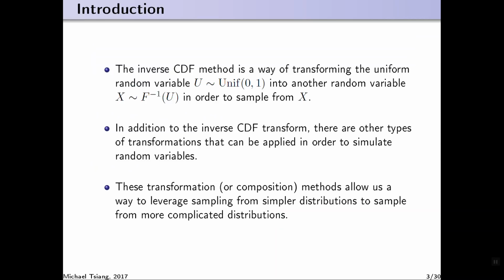We've covered the inverse CDF method: you take the CDF, you invert it, and you can use that to generate random variables. We saw that the inverse CDF might not work if it's difficult to get the CDF, and so we had things like rejection sampling and whatnot to generate random variables.